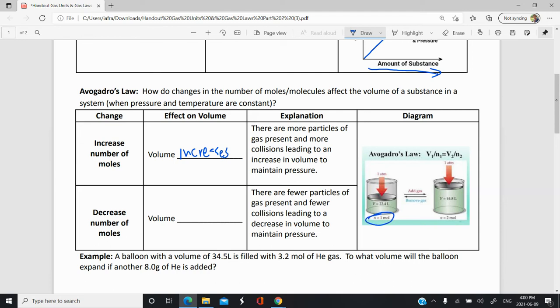So when we go from n equals 1 to n equals 2, so 1 mole to 2 moles, we doubled the number of moles and we doubled our volume to try to maintain that pressure. And then when you decrease the number of moles, your volume decreases. So it's just going the other way around. If you go from 2 moles to 1 mole, now your volume is lower. You have fewer particles there, fewer collisions, so your volume decreases to maintain that same pressure.